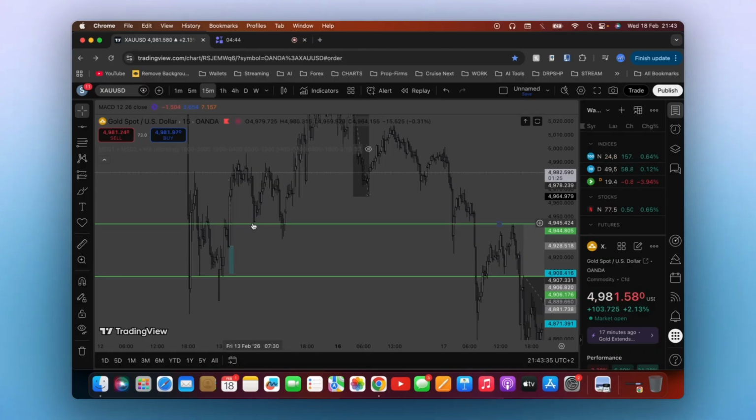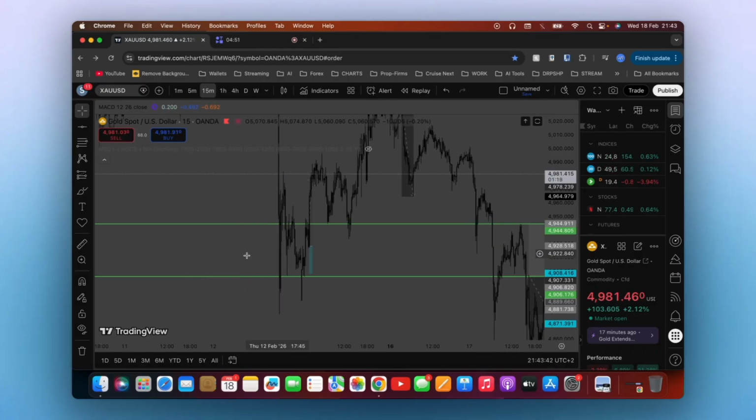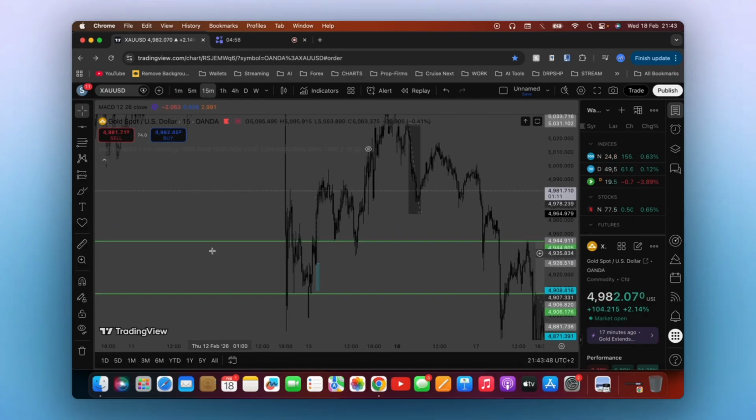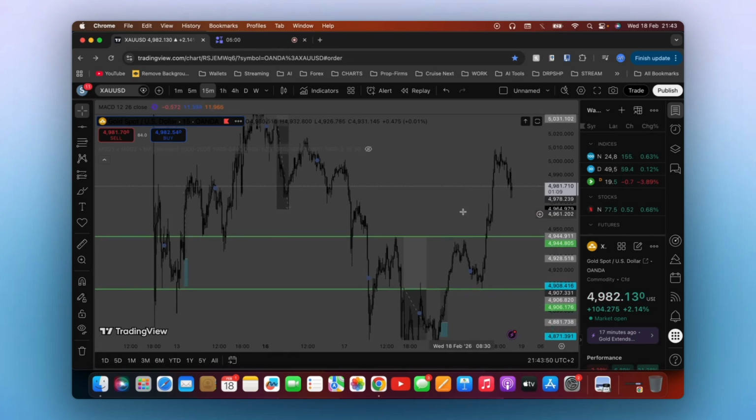Another one here. I think it's quite safe to say that that's a resistance. Look at that. So that's a support if price is above, and obviously below it's resistance.